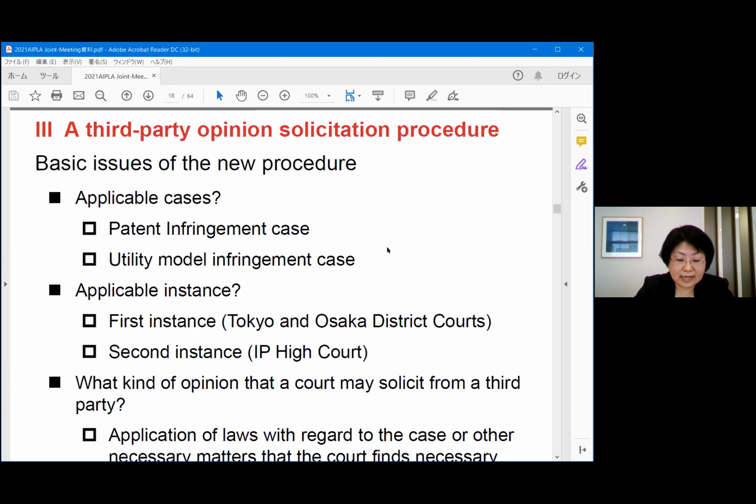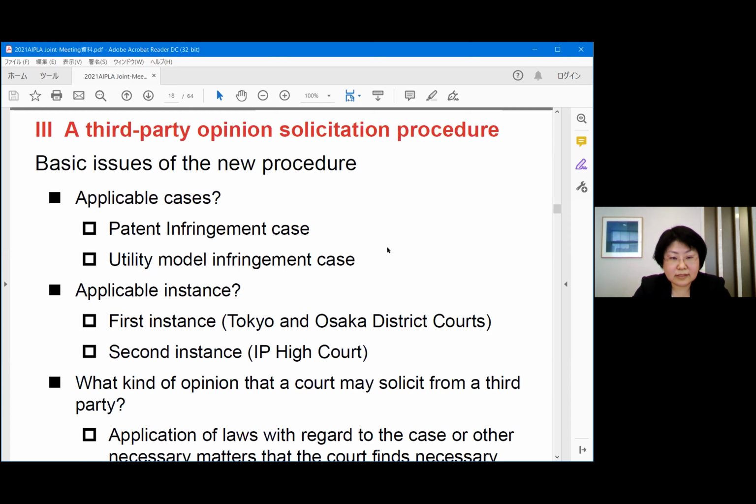The reason is that, according to the discussion in the subcommittee, this system is more crucial to patent infringement cases and utility model infringement cases. We can revise later if needed, if we think that this new system is also crucial for other litigation.